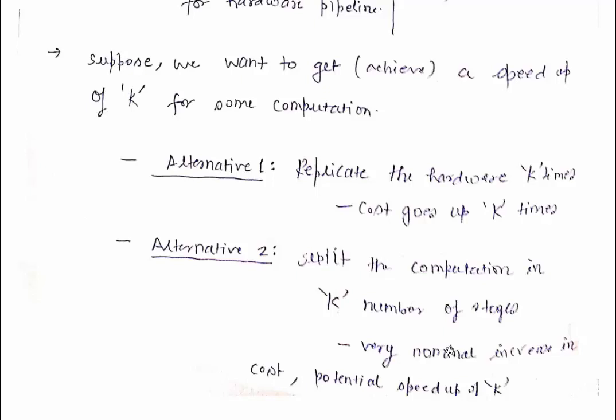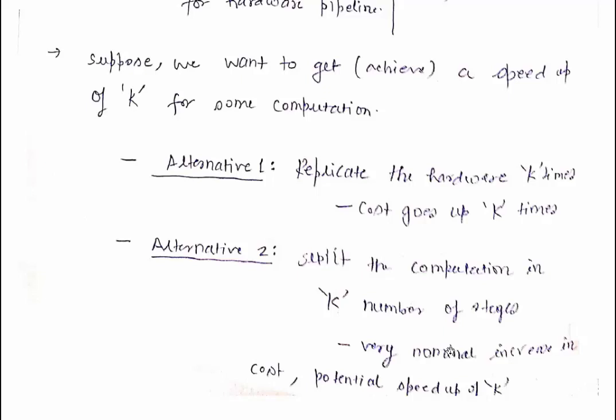Okay, the second alternative would be you can split the computation into k number of stages. As we have done for washing, drying and ironing, you can also split the computation into k number of stages, and if you do so you will be able to get a speed up of around k.